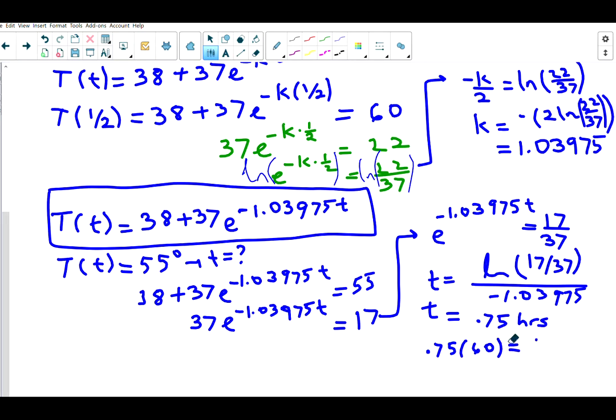So 45 minutes after the original point when it was placed in the refrigerator, or 15 minutes after we know that it had reached 60 degrees, this lemonade will be ready for whoever is looking to get it exactly 55 degrees. For that person, it'll be ready to drink. So 45 minutes from the moment it was placed in the refrigerator.